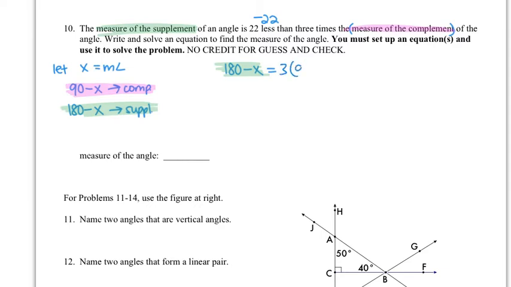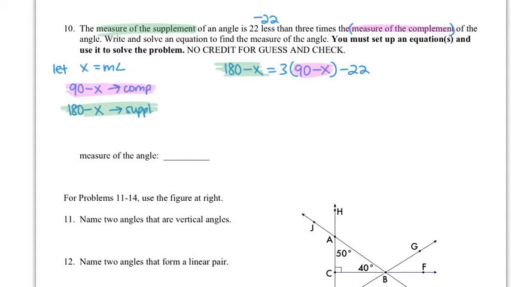So I have to put in parentheses 90 minus x. So again, that is the complement here. And it's 22 less than that. So we're going to do minus 22. So you can see the measure of the supplement is 22 less than what? 3 times the measure of the complement.